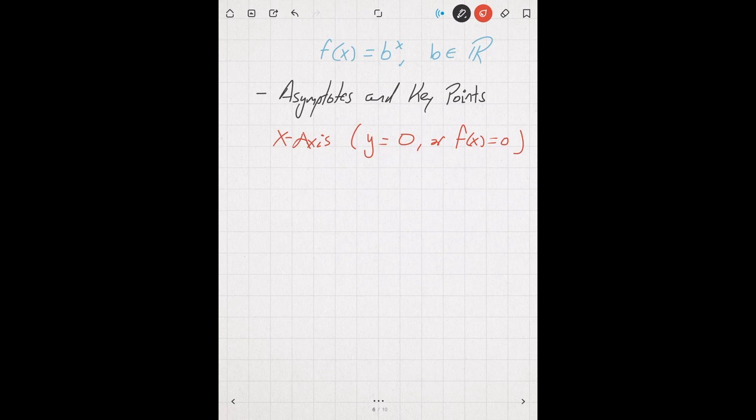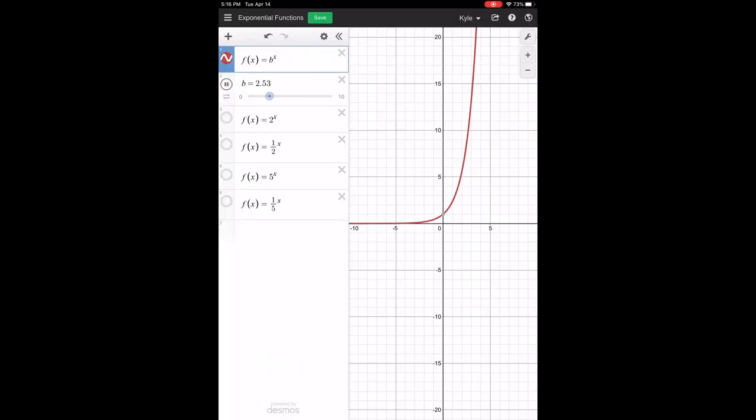So, same thing. Now, are there any key points that we notice on the graph? Again, let's play around with the slider, and let's see if there's any unique points that pop up. So I'm going to hit play again on the slider. And what do you notice about the graph? As it changes, do you see any key point anywhere on the graph?